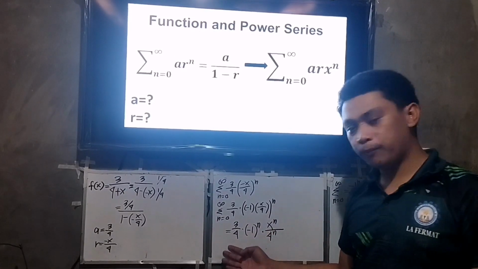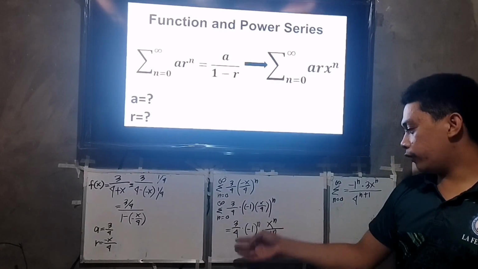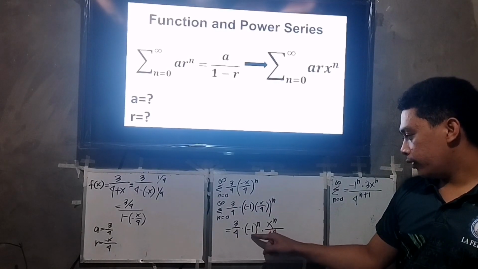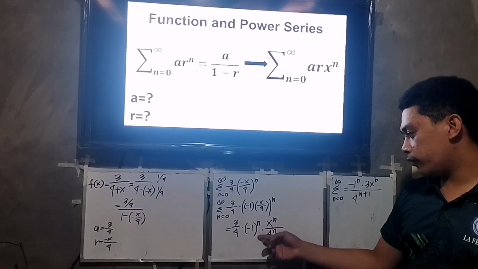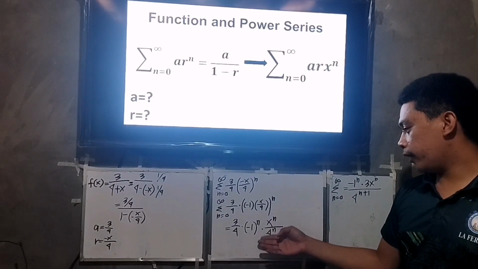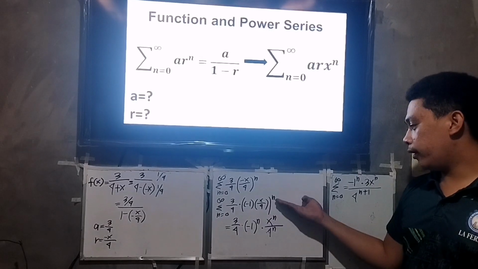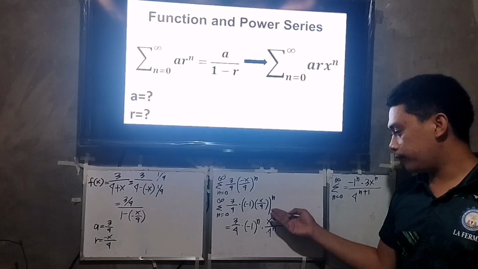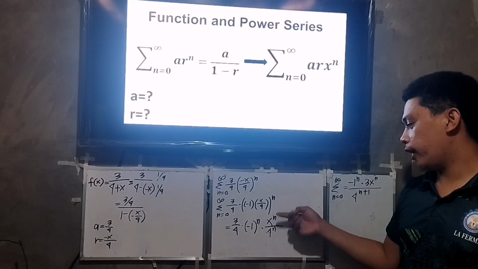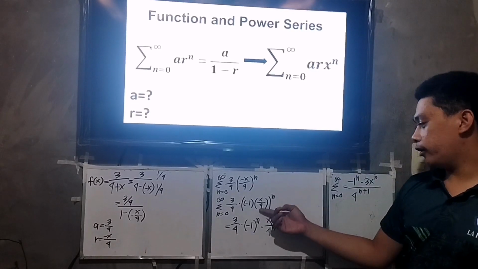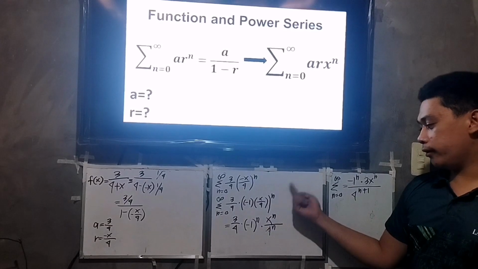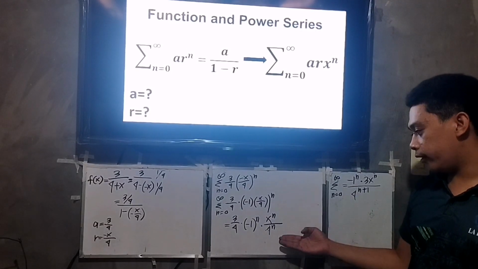Then next, copy 3 over 4 multiplied by negative 1 to the power of n, multiplied by x to the power of n, then 4 to the power of n.